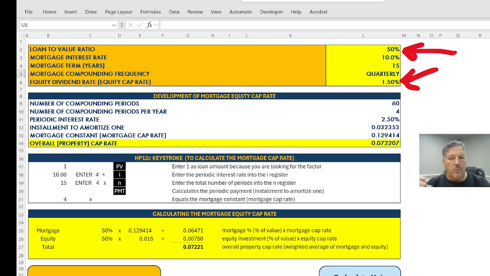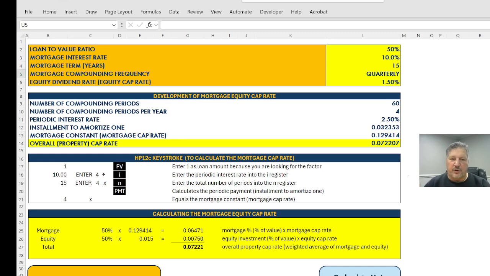But the one component we don't know, or we aren't provided directly, is the mortgage cap rate for the weighted average. However, based on the information you were provided, we can develop the cap rate for the mortgage, which is what? The same as the annual debt service for the loan, assuming the loan is $1.